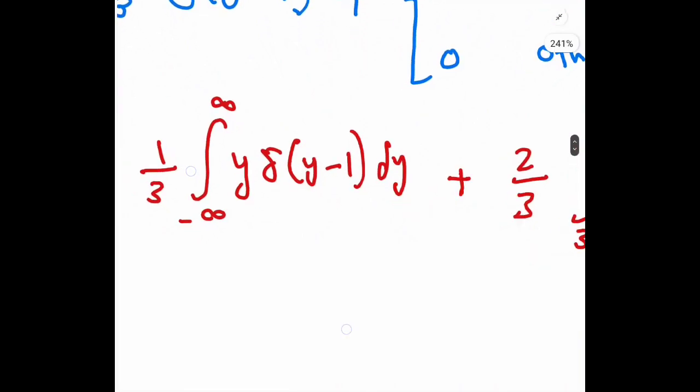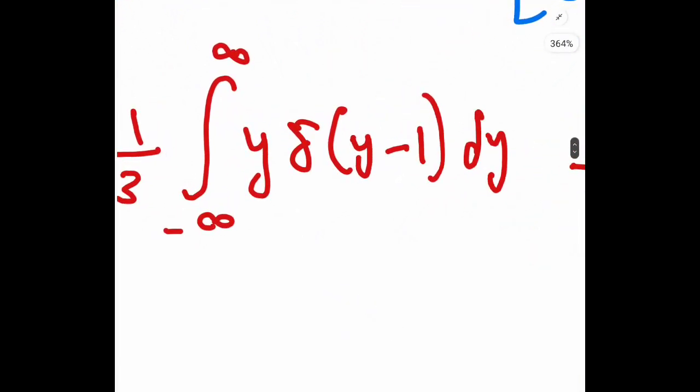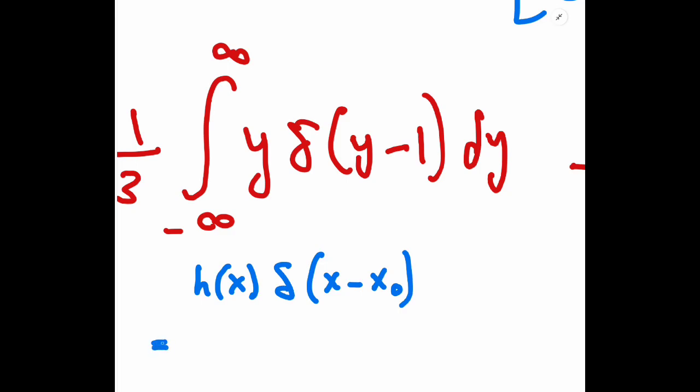Now what happens here, remember that the theorem says that if you have a function h of x multiplied by delta x minus x naught, this is equal to h of x naught times delta x minus x naught.